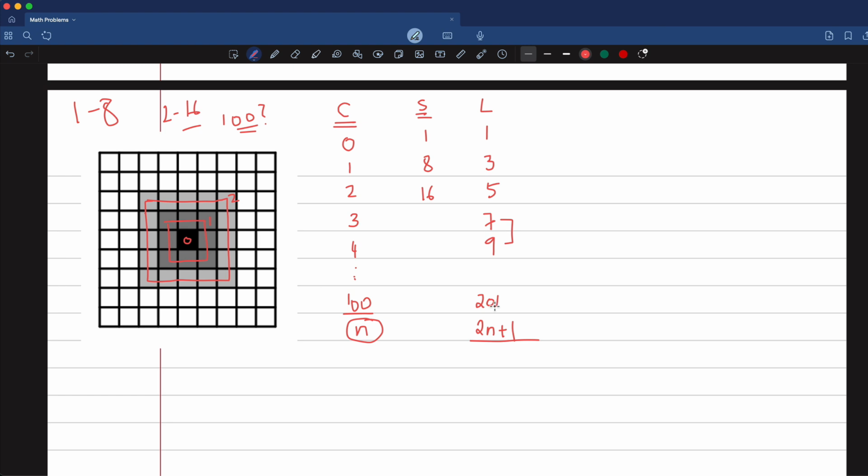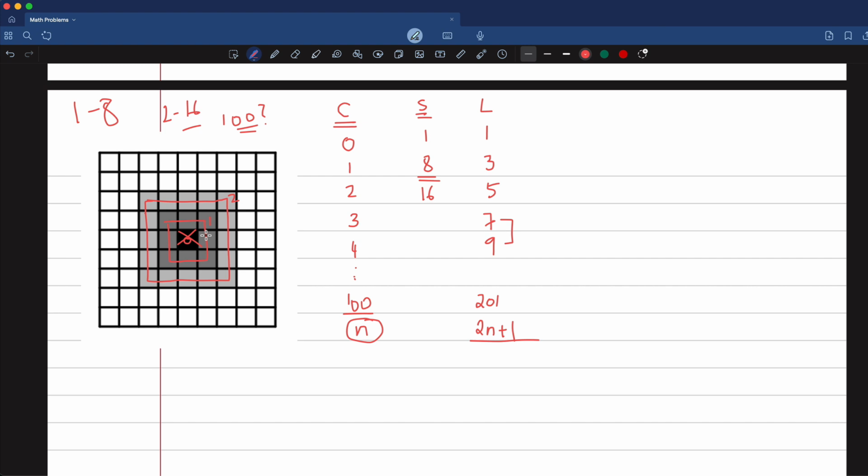But this still doesn't solve my problem, right? How do I get to this 8? Now you've got to do a bit of observation. If you think about the first circle, it's a 3 by 3 square, and you're removing the inner square out of it. So it's a 3 by 3 square, which means there are 9 in total, and you're subtracting the 1 there.